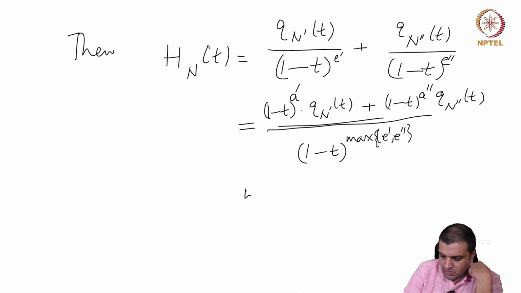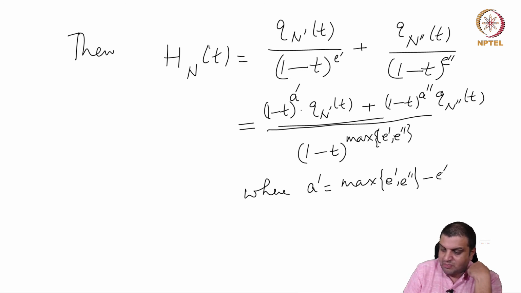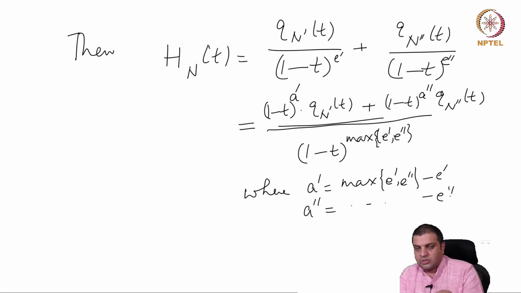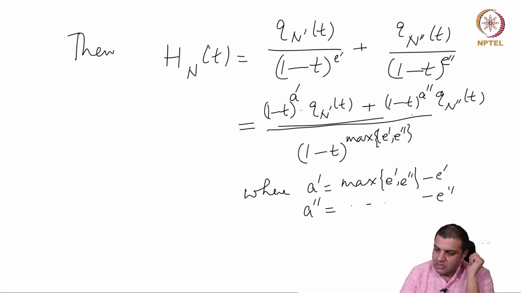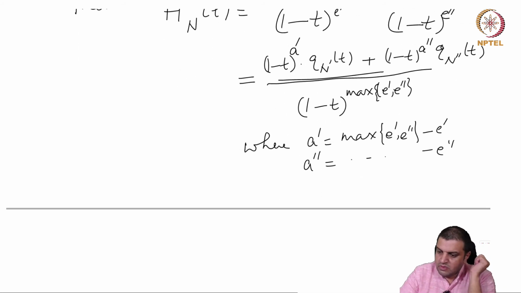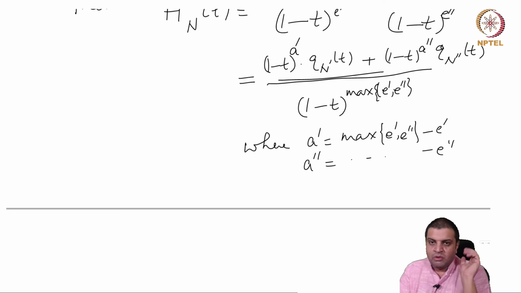Where a prime is max of e prime, e double prime minus e prime, and a double prime is the same quantity for e double prime. So we would need to adjust that so that the denominators are the same. So we get something like this. Okay, so now let's go back. Okay, so this is what we get.